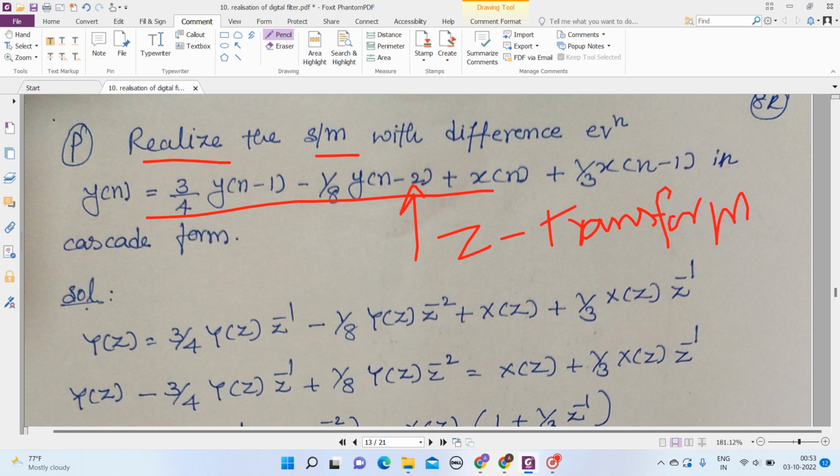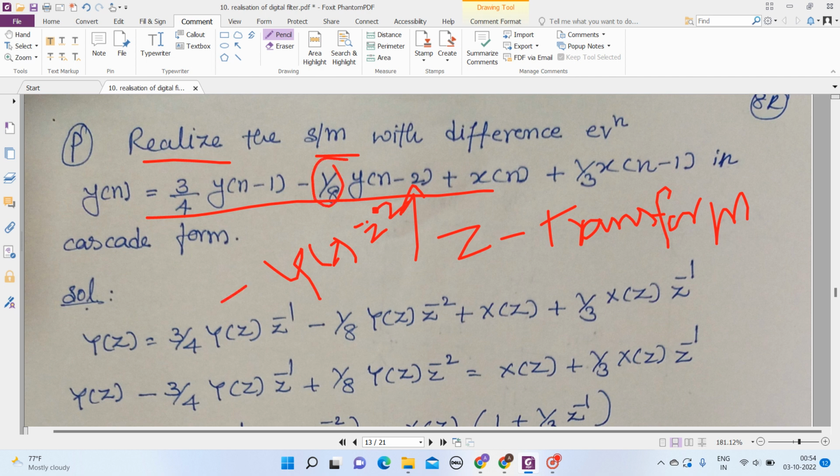Z transform. Here there is no need to solve the Z transform and all, just the concept of Z transformation. If it is y of n minus 2, how will you write it? y of z, z to the power of minus 2 with the coefficient 1 by 8.